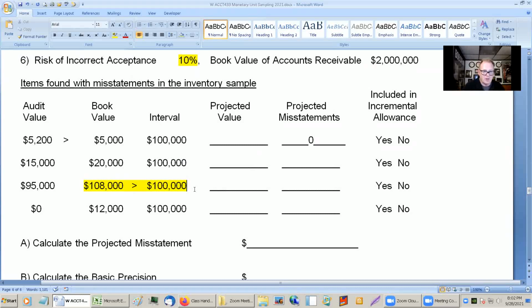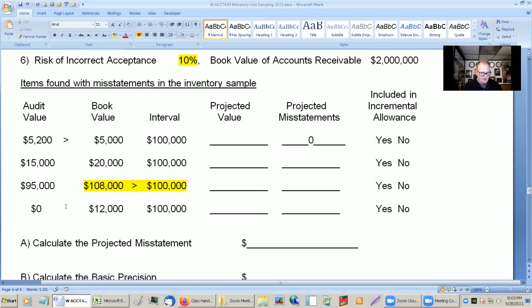So you're going to subtract. So 108 minus the 95. That's what the misstatement is. I think it's 108,000 minus 95,000, so 13,000. You don't actually go through the calculations.